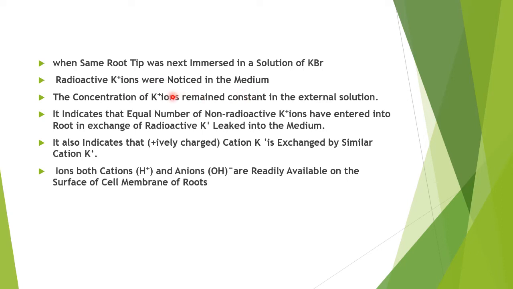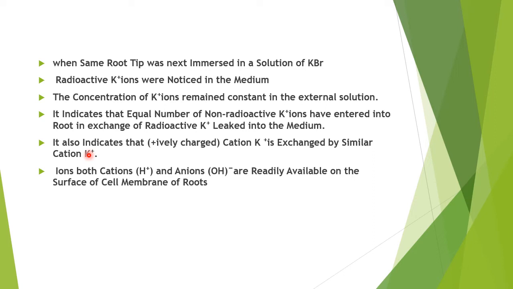The concentration of potassium ion remained constant in the external solution. It indicates that an equal number of non-radioactive potassium ions have entered into the root in exchange for radioactive ions leaked into the medium. That means there is an ion exchange taking place. It also indicates that positively charged cation potassium is exchanged with similar cation potassium, though it is a radioactive isotope.